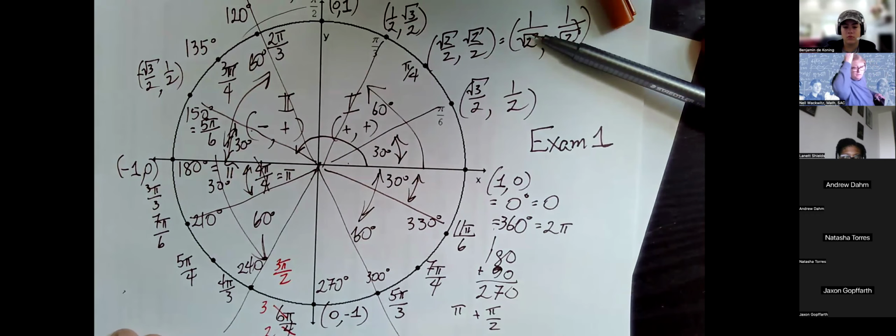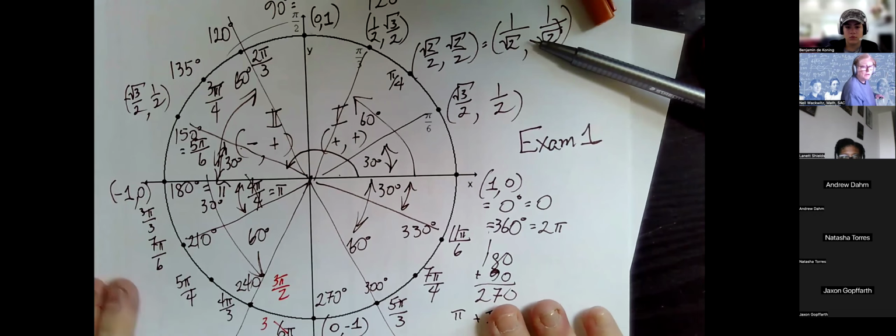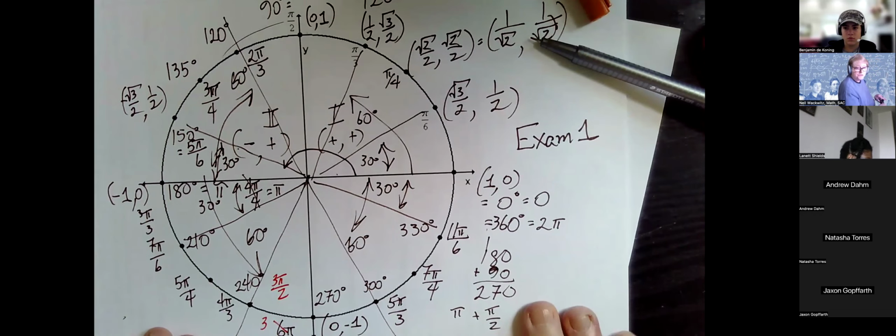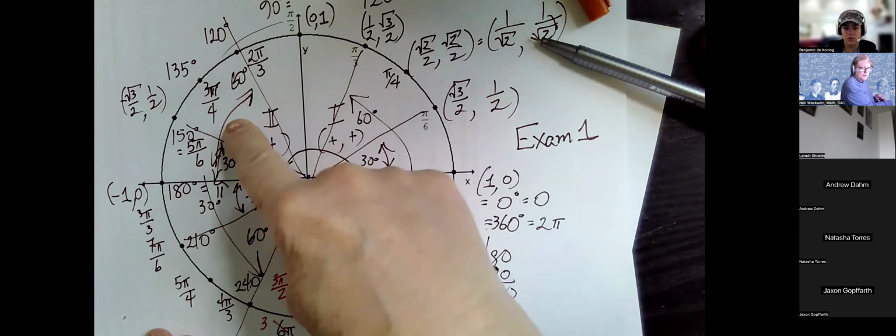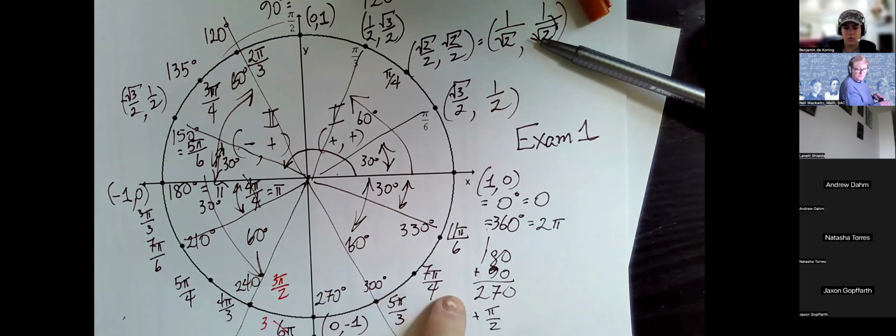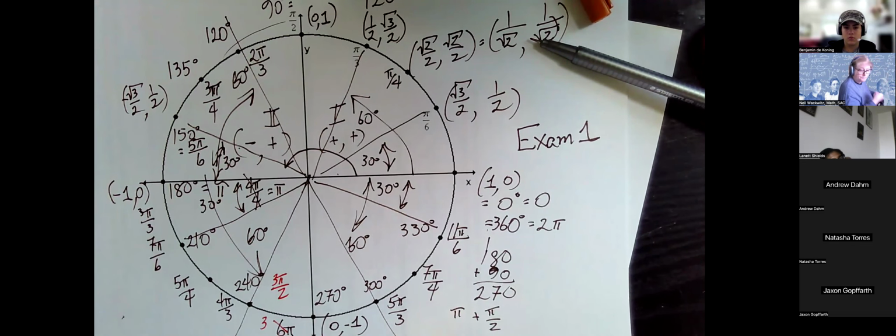And the same with the 45s. All of the pi over 4 angles. So 1 pi over 4, 3 pi over 4, 5 pi over 4, and 7 pi over 4 are 45 degrees from any axis.